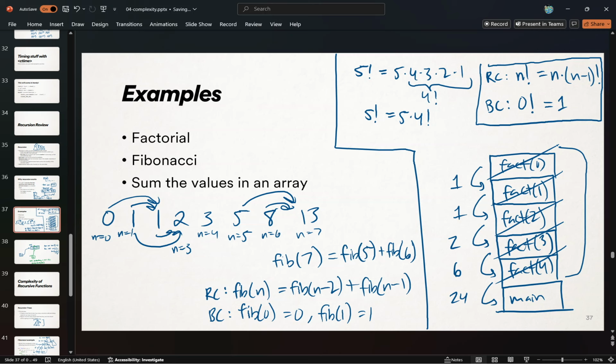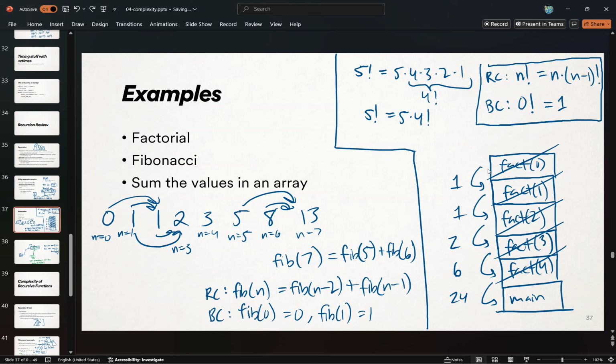Does that make sense? And they each take up an int worth of space per parameter. So they all have their own versions of their n parameter. And so, constant space per call, but you're going to end up having a chain of n plus 1 of them. So that's linear space to use the factorial function recursively.